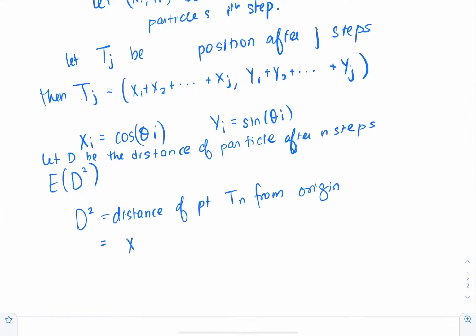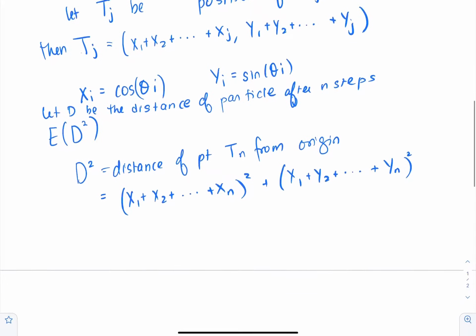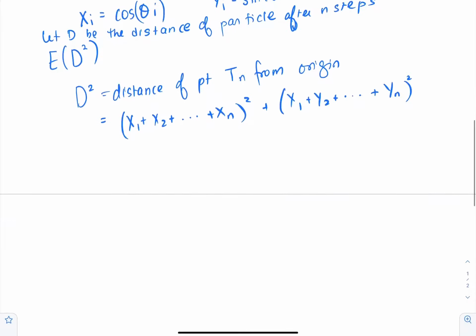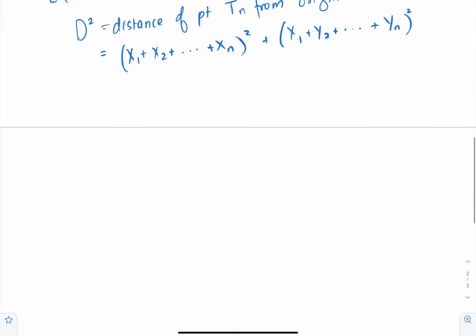It'll be the x coordinate squared plus the y coordinate squared. Okay, so that's what we have. We want to find the expected value of this. So first, let's just do some little algebraic manipulations with that.